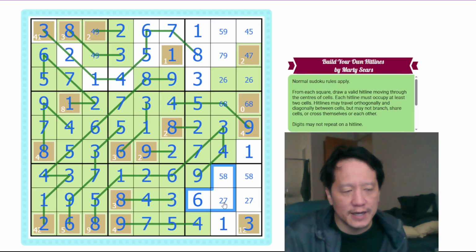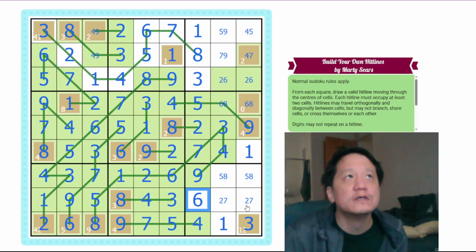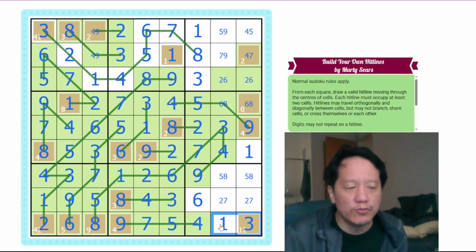It must access the 6 before it accesses the 5. So can we avoid the 1 here? We need the 7 here to be last.